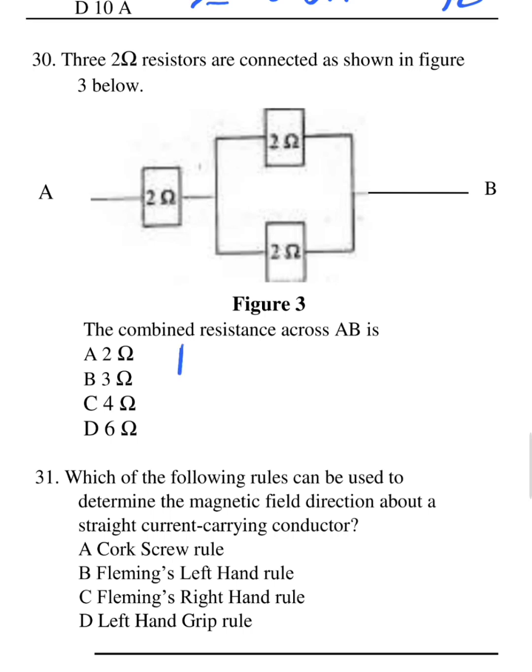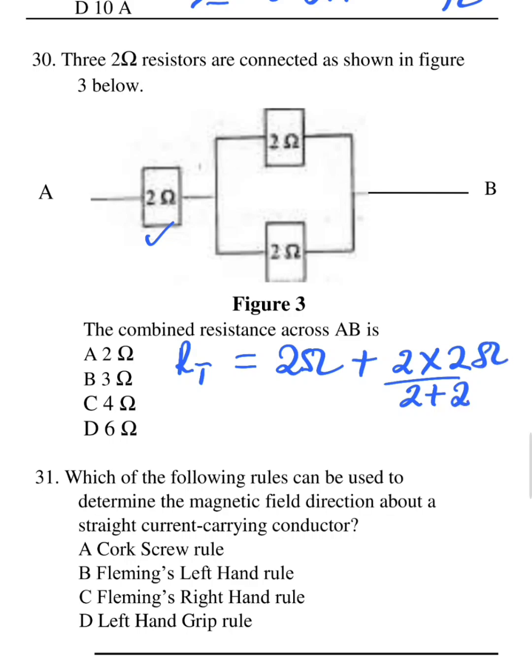So the combined resistance R total should be equal to the one that is in series, that's the first one, plus the effective resistance of the two others that are in parallel, which is simply given by the product of their values divided by their sum, which is also in ohms, and we get 2 plus 4 over 4, which gives 1, so giving an effective resistance of 3 ohms, corresponding to option B.